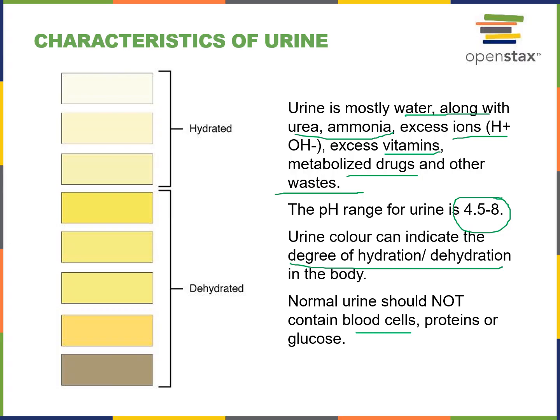So if you find red blood cells, that usually means there's bleeding somewhere occurring in the urinary system. If you find white blood cells, that usually indicates there's probably an infection. Proteins or glucose should not be found. Amino acids also should not be found. So between a blood sample and a urine sample, a doctor can actually figure out quite well how efficient your organs and organ systems are working.